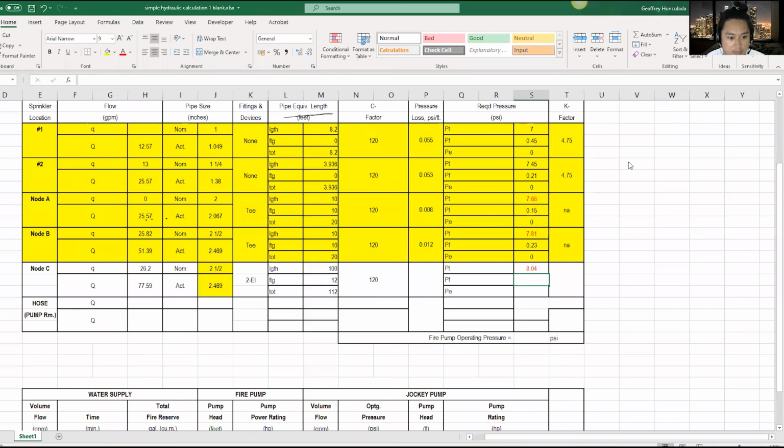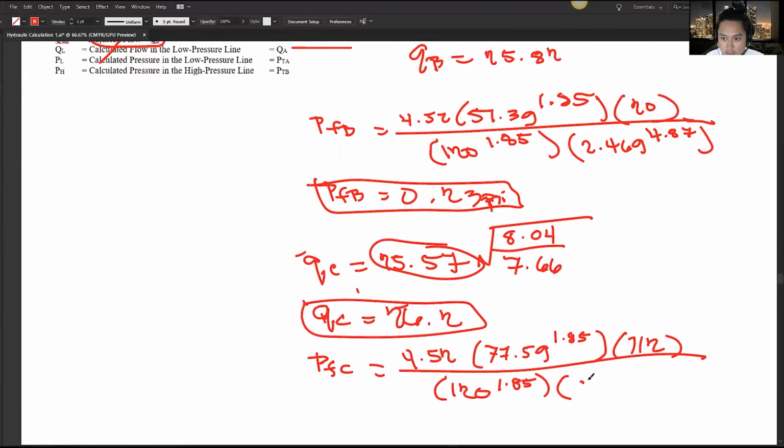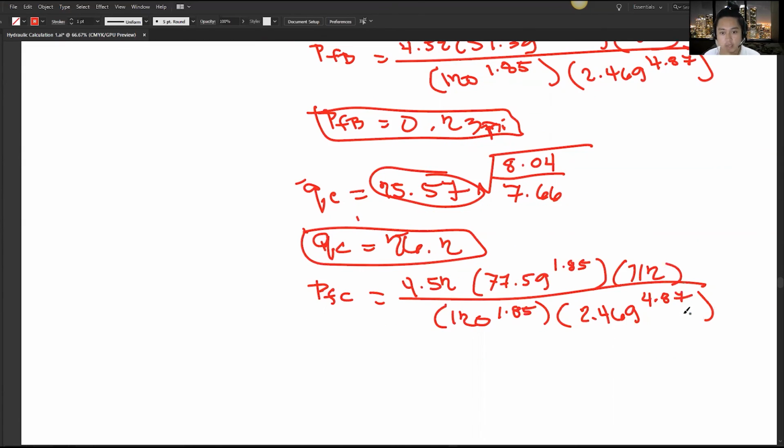It has the same diameter as we've copied earlier, that's 2.469, so 2.469 raised to the power of 4.87. Again, I'm just using the Hazen-Williams formula. We've already defined that earlier.